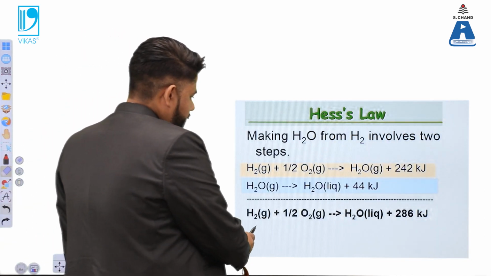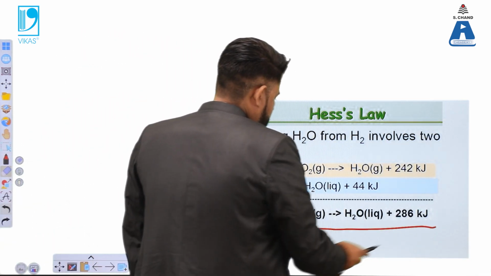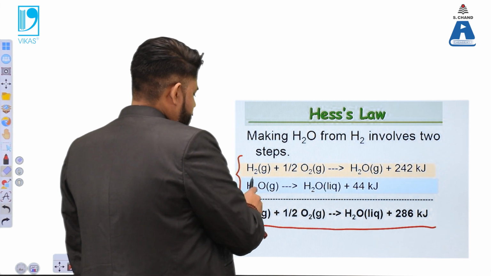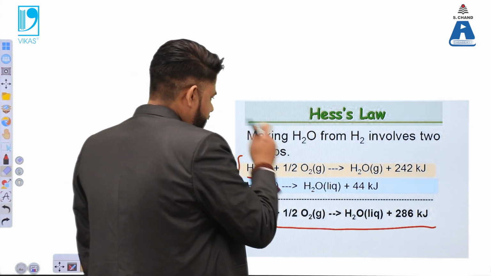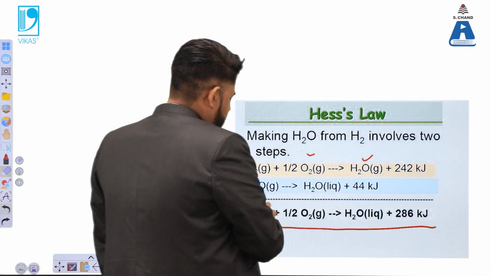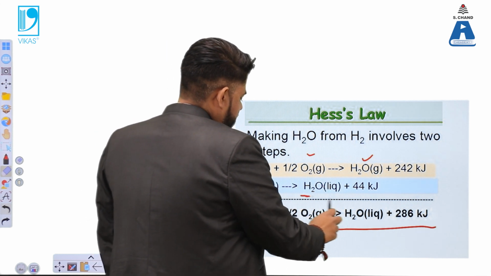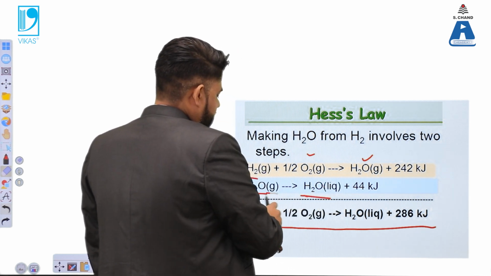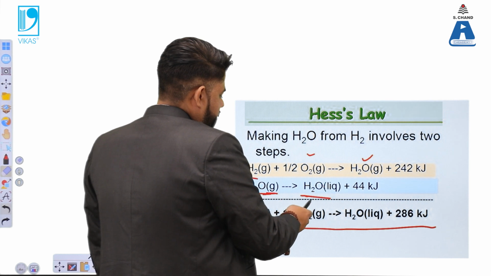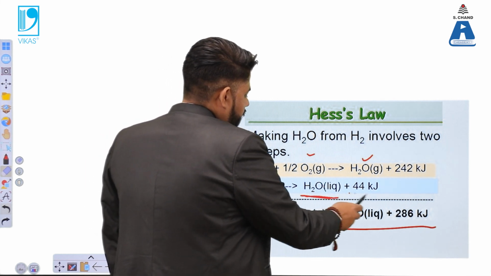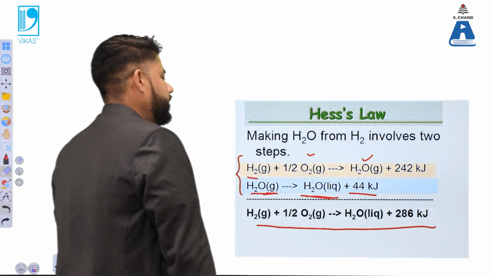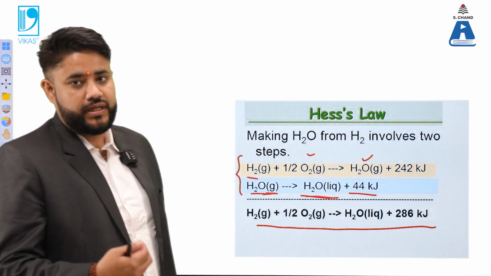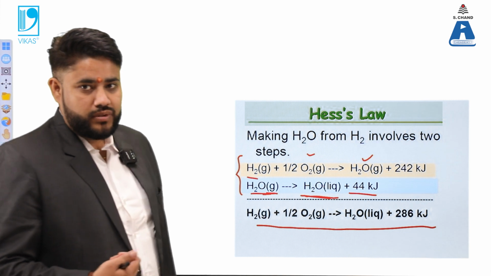Let's say the same equation is divided into 2 steps: hydrogen plus half the oxygen will give you water, and this water is a gas, and when it is converted into liquid water, then 44 kilojoules of energy is released. When energy is released, it gets condensed into liquid.